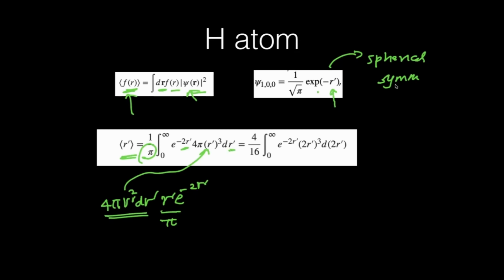So you make a simple change of variable, 2r prime equal to s. Then we rewrite with 2r prime as the variable to integrate. How many factors of 2 are there? There is a 2 cubed and another 2, so there are 16. I have to multiply and divide by 16. By the change of variable, I get 1 by 16 outside, so I get 1 by 4.